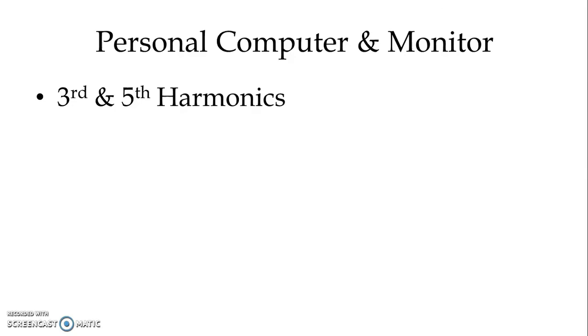We can observe dominant third and fifth harmonics, and total harmonic distortion exceeds 100%. The current total harmonic distortion for personal computers as well as for monitors exceeds 100% as the result of the high level of individual distortion introduced by the third and fifth harmonics.